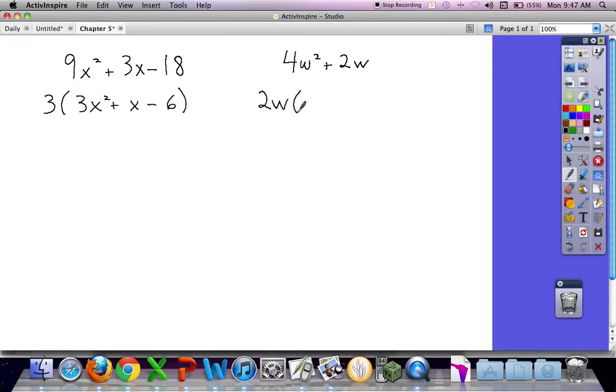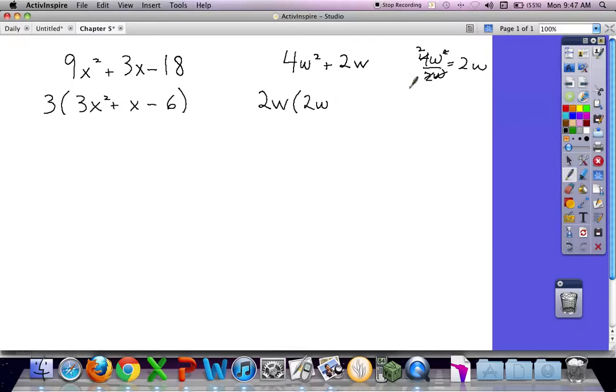Okay, now, what do I get if I divide 4W squared by 2W? Well, the 2 goes into 4 2 times. This W in the denominator cancels one of the W's in the numerator, so that is 2W. Okay, now here's the important one.